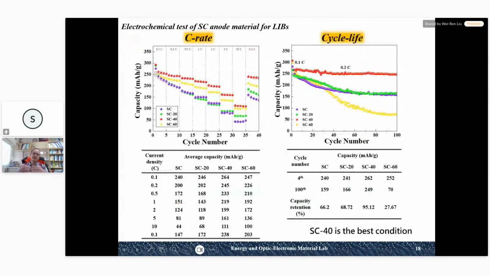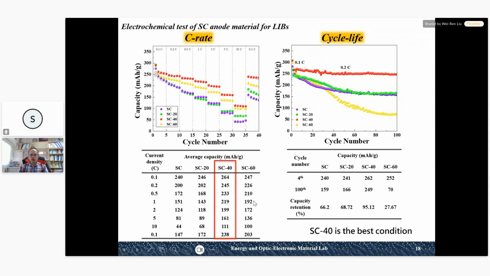We also assembled the coin cell to see the rate capability and the cycle life at different conditions. For the pristine soft carbon, the rate capability is not so good, but after the best condition, 14 times, even at the 10C rate, the capacity is as high as 100 milliamp hour per gram. Also, the cycle life increased a lot after the plasma treatment.